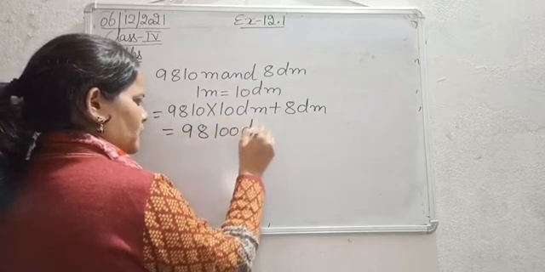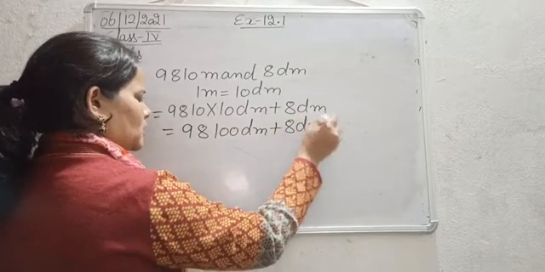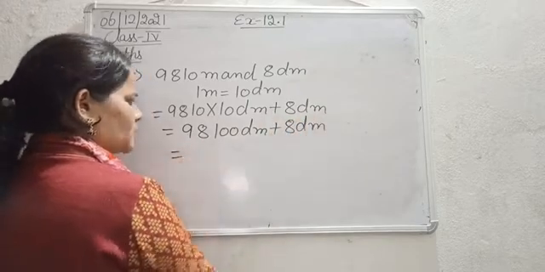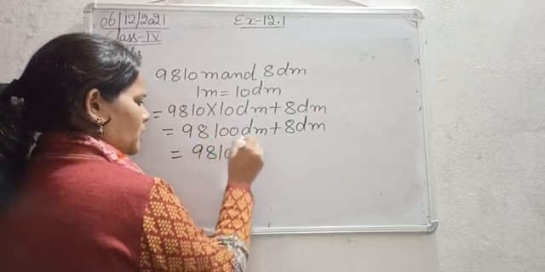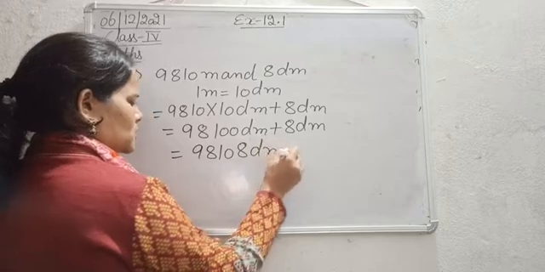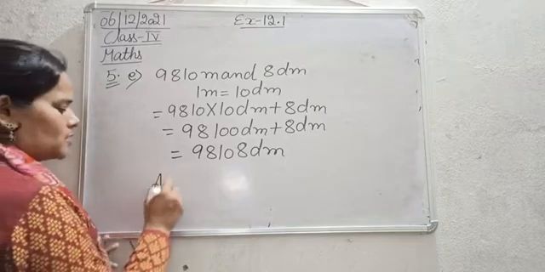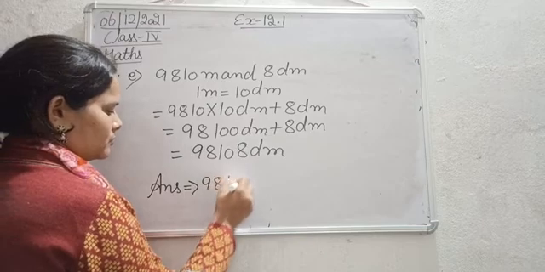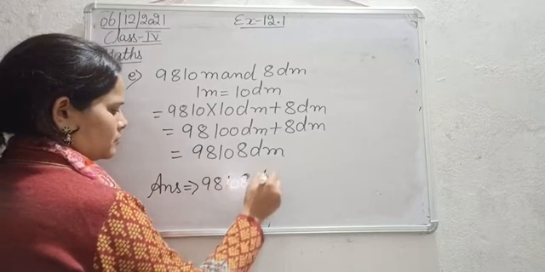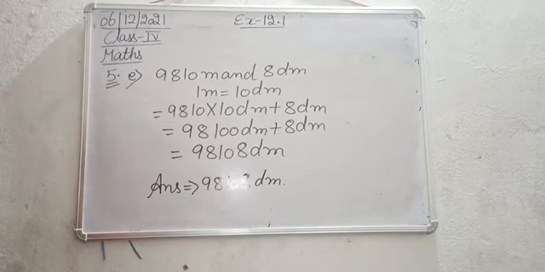This is 98,100 decimeter plus 8 decimeter. This is 98,108 decimeter. So the answer is 98,108 decimeter.